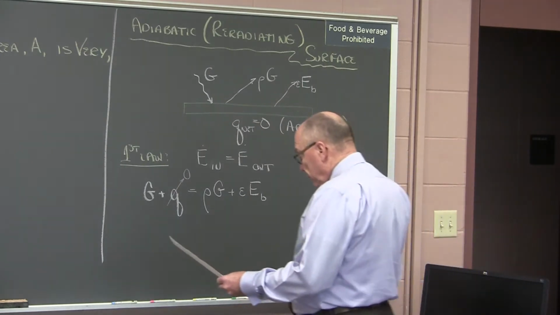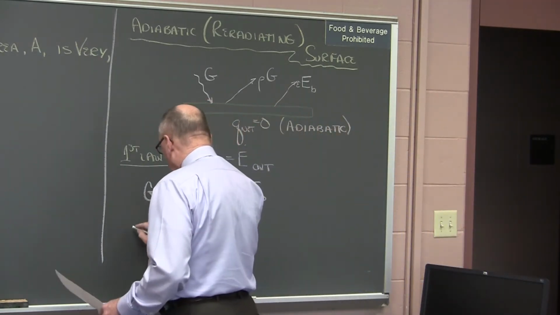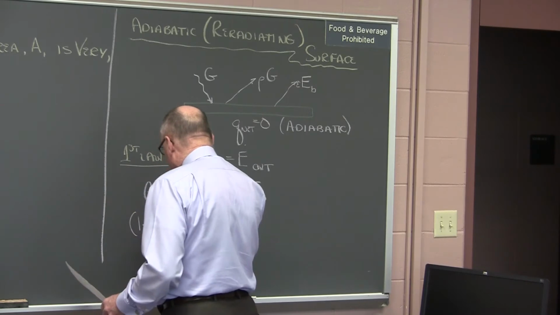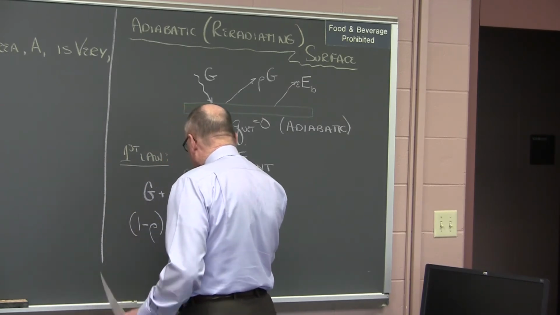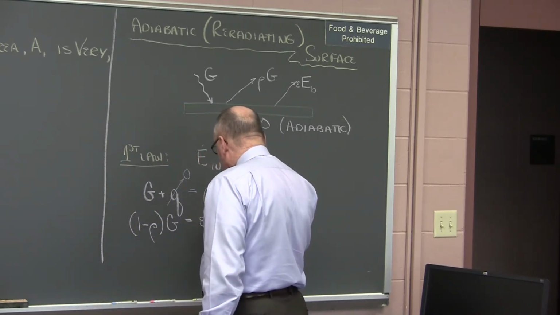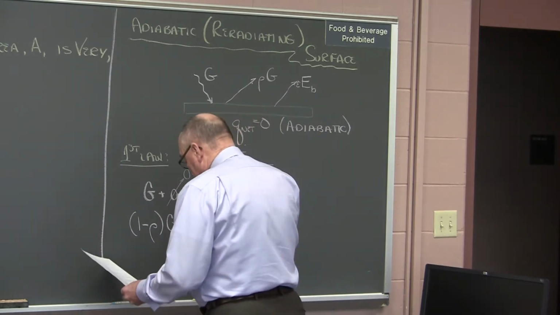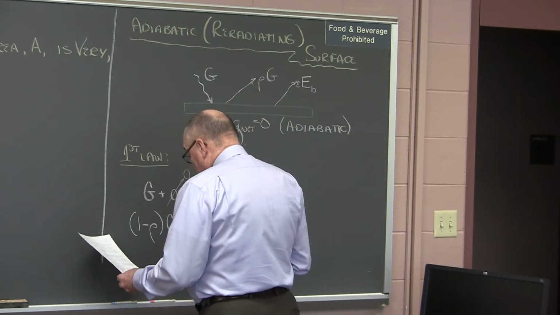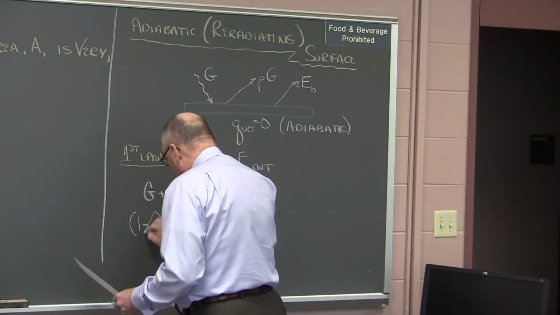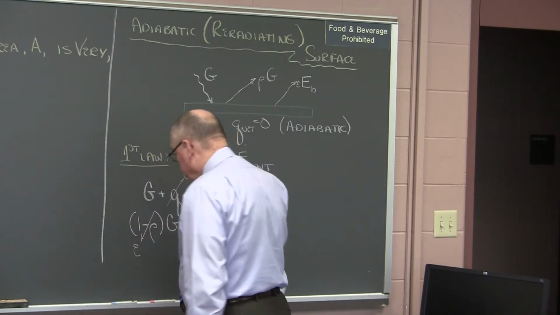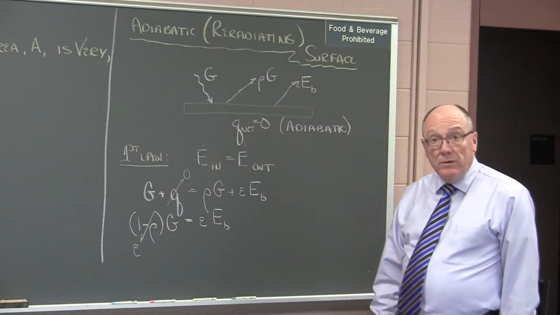We'll rearrange this, bring this over here, and we'll have 1 minus rho times G is equal to the emissivity times the black body power. And this is equal to epsilon, 1 minus rho.